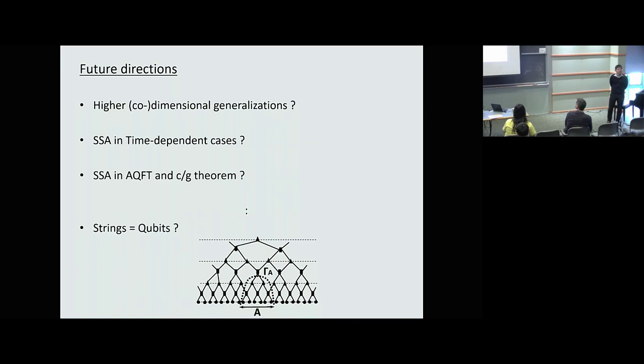Thank you. So your proof, of course, depends on Lorentz invariance. And the concept of the C-theorem and G-theorem also depends on Lorentz invariance, I think. But SSA is more general. You don't need Lorentz invariance. So I wonder if you have any insight into that. That's a very interesting question.